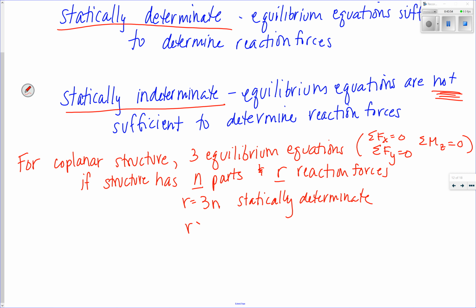If the reaction forces that I need to solve for is greater than 3n, because I only have those 3 equilibrium equations and I can only apply them n times, if I have more reaction forces than I have equilibrium equations, then it's statically indeterminate.